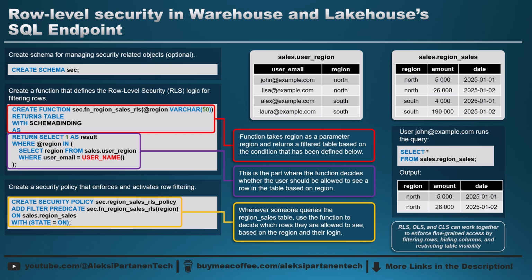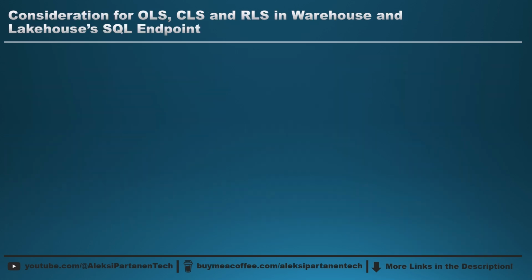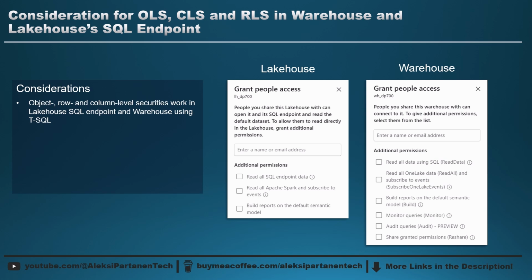Next, let's go through a few important things to remember when using object, column, and row-level securities in Fabric. First, object, column, and row-level securities all work both in Lakehouse SQL endpoint and Warehouse using T-SQL. So the same techniques we saw earlier apply in both data stores. That said, there are a few practical things to consider when sharing access with users.